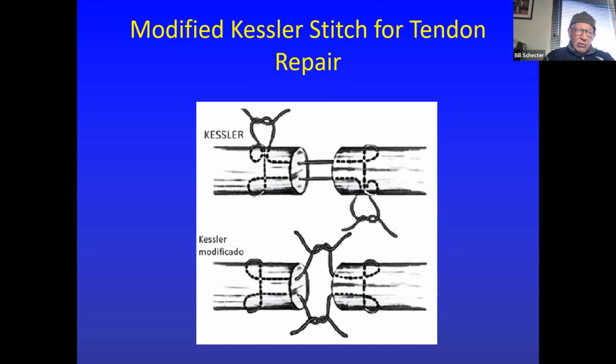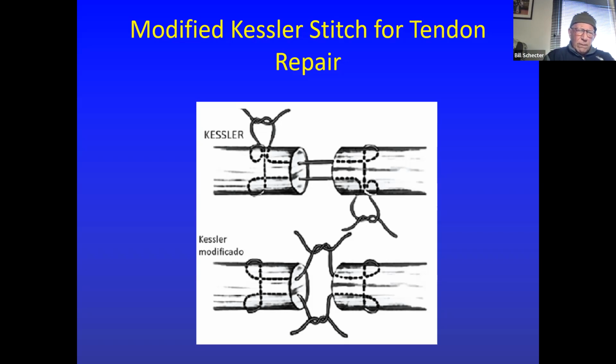So I have to say, when I was actively doing this, I didn't routinely put a running 6-0 epitendon repair around it. I did it a few times. I wasn't really convinced of its efficacy, but there is some literature that suggests that you get a better result with the epitendinous repair.